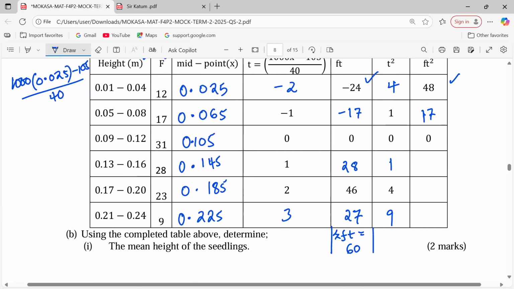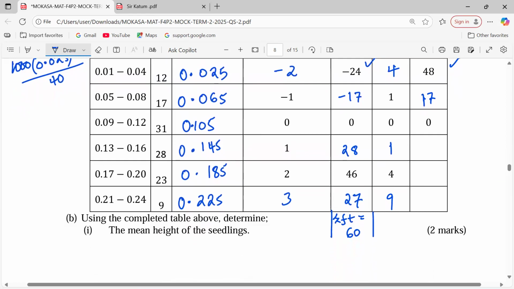Then 0 by 31. Then you go to 1 by 28, which is just 28. 4 by 23 is 92. Then 9 by 9. Frequency is 9. Then t squared is 9. So 81 at that point.